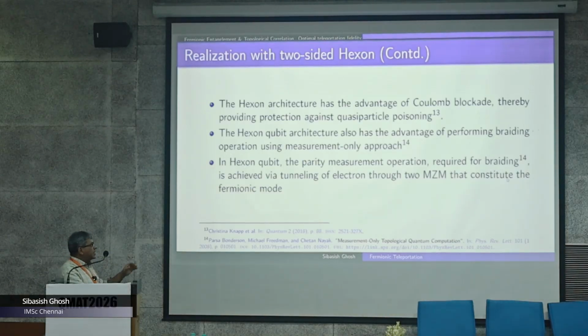And this hexon qubit architecture has the advantage of performing the braiding operation using something called a measurement-only approach. Basically this measurement-only approach takes care of the braiding, and this measurement is achieved through tunneling of an electron through the Majorana zero modes, and these two Majorana zero modes will constitute the fermionic mode that we mentioned earlier.